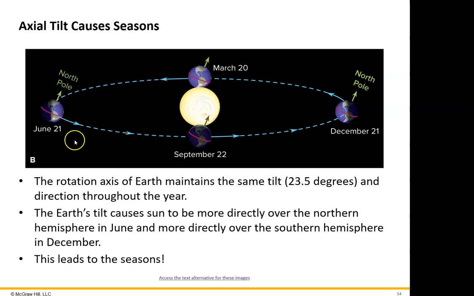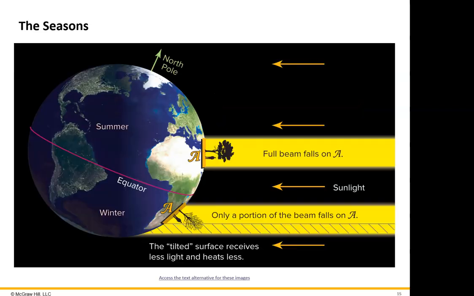It has really nothing to do with the seasons. It sounds like a lot, 1 million miles, but you're talking about 92 million miles, so it doesn't vary that much.